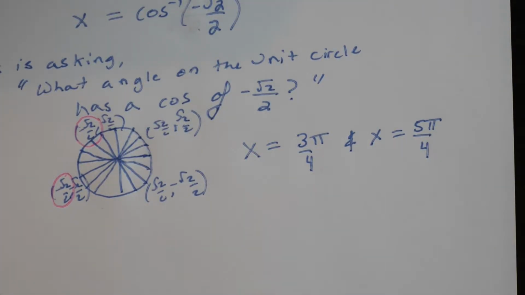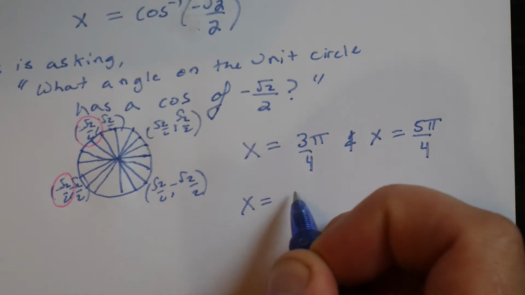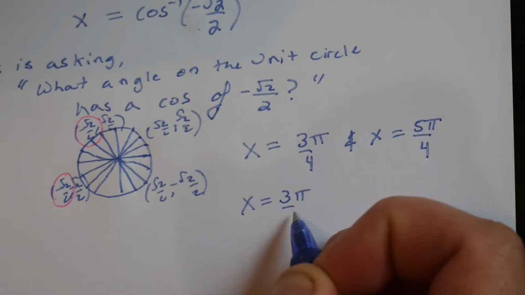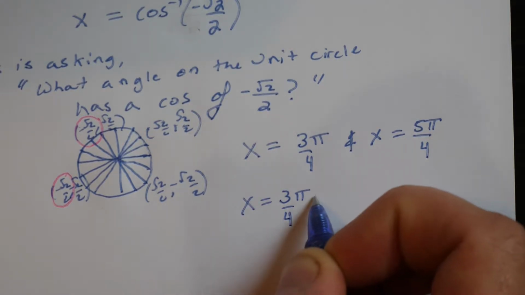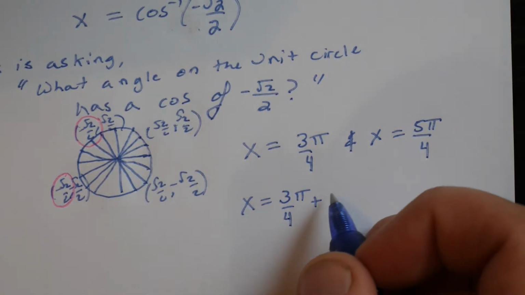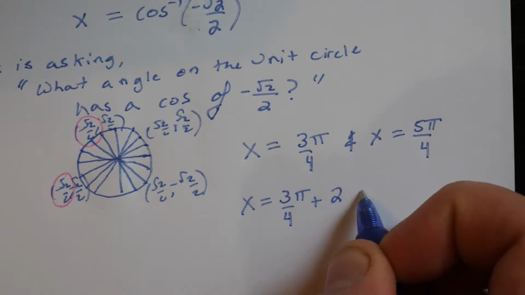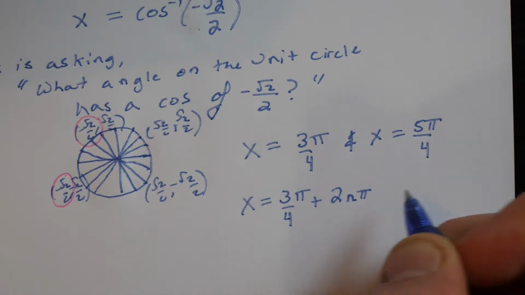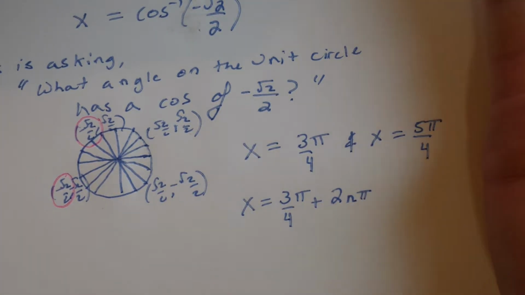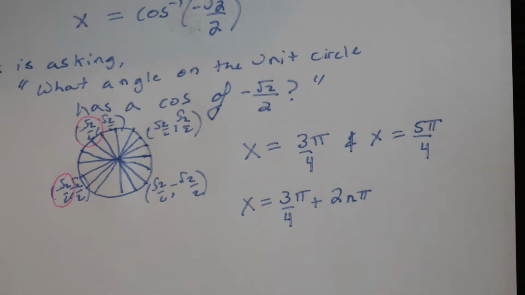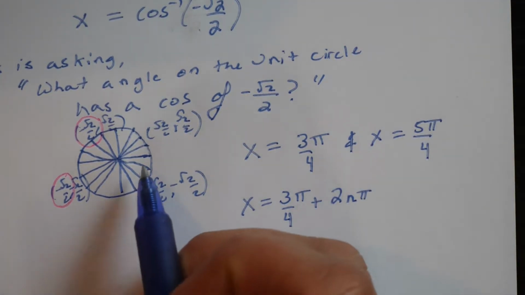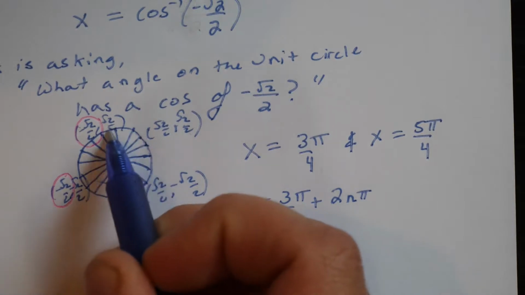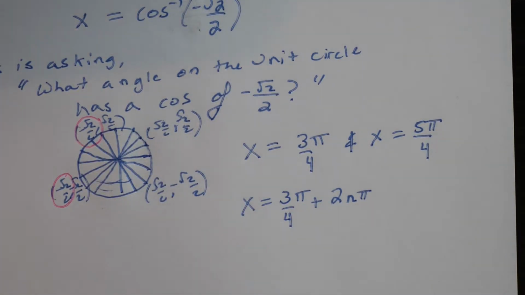So the final answer is actually x equals 3 pi over 4 plus, what's the full rotation? The full rotation is 2 pi, but let's just put an n here. The reason we're putting an n there is because we can do however many full rotations that we want. We could do 5 rotations and still be at that angle, so we could go 1, 2, 3, 4, 5, or we could do 10 rotations.